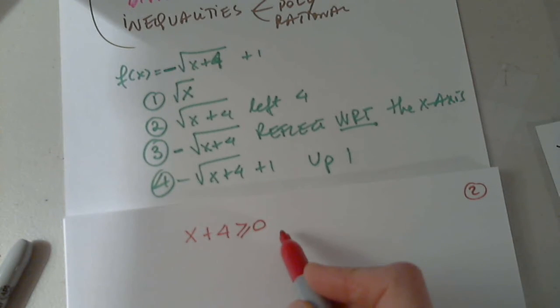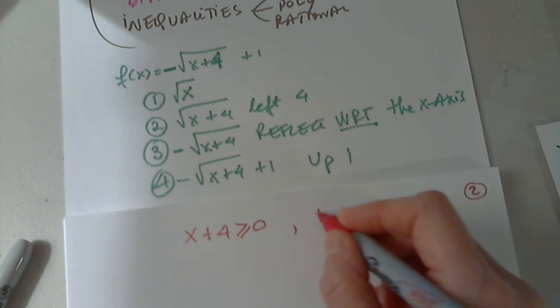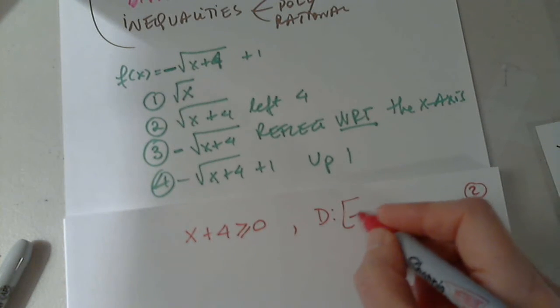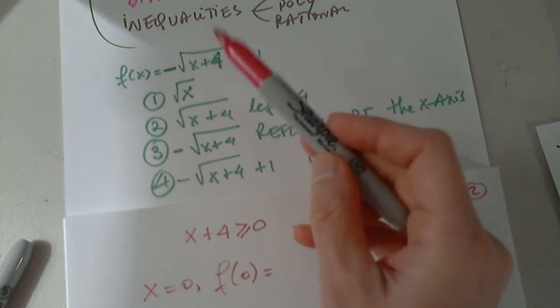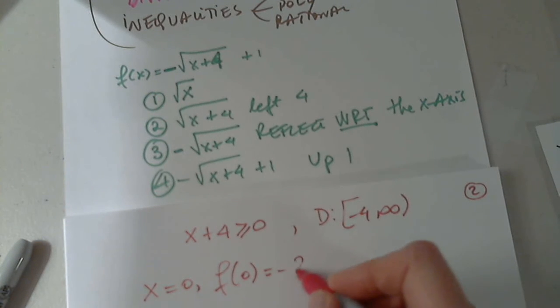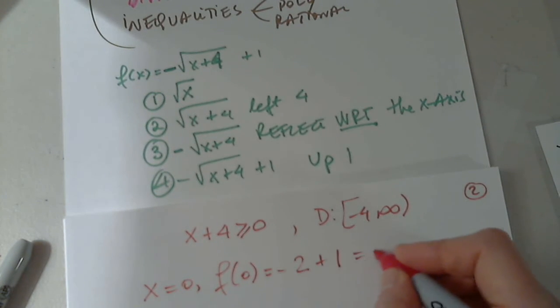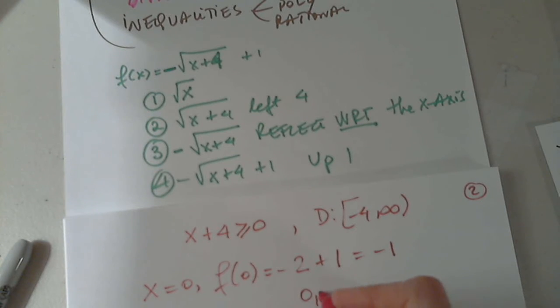So this has to be greater than or equal to 0, which means the domain of this function is from -4 to infinity. So I can plug in 0, and then f of 0 will be negative the square root of 0 plus 4, which is 4, the square root of 4 is 2 with minus in front, -2 and plus 1, and this is -1. So I found 0 comma -1, the y-intercept.